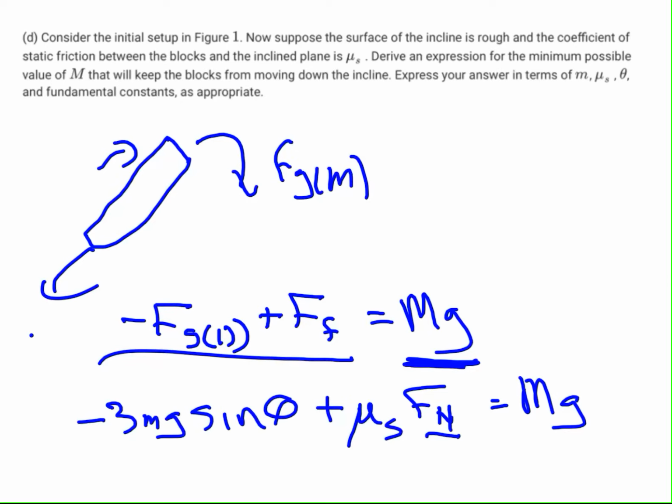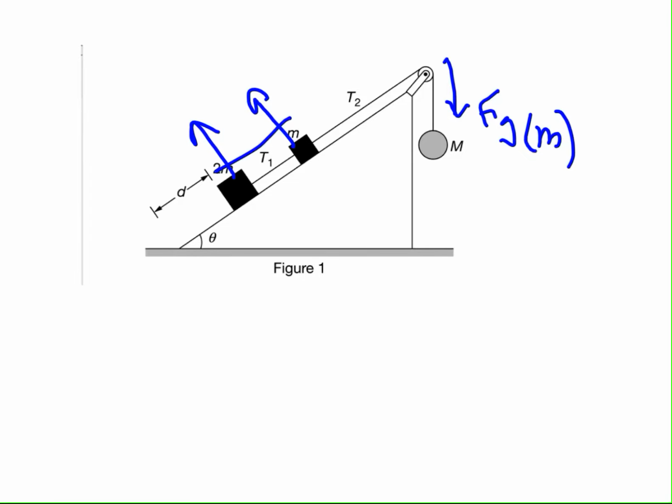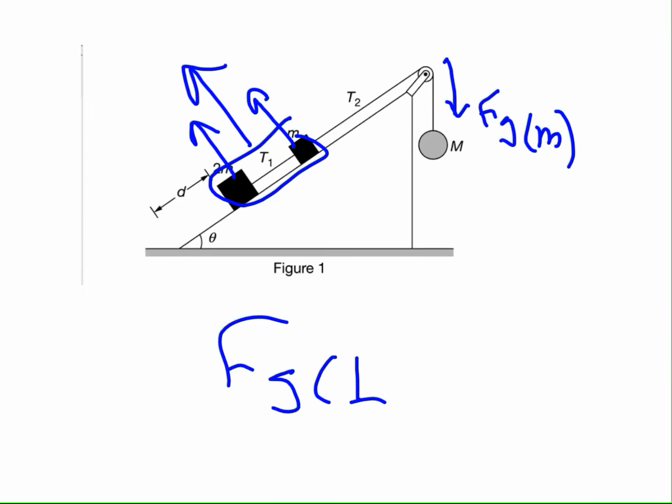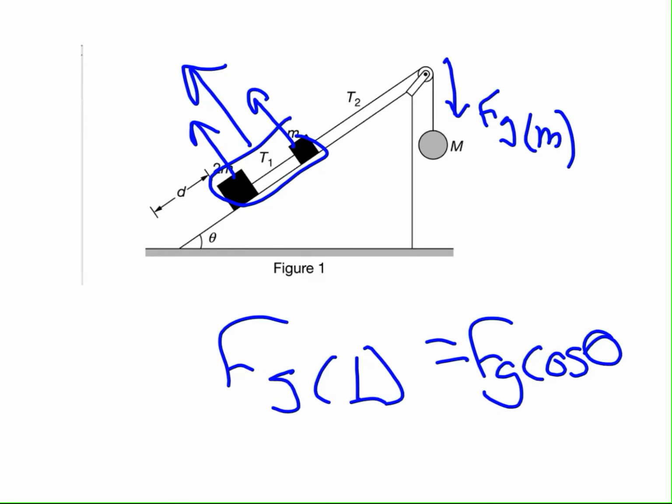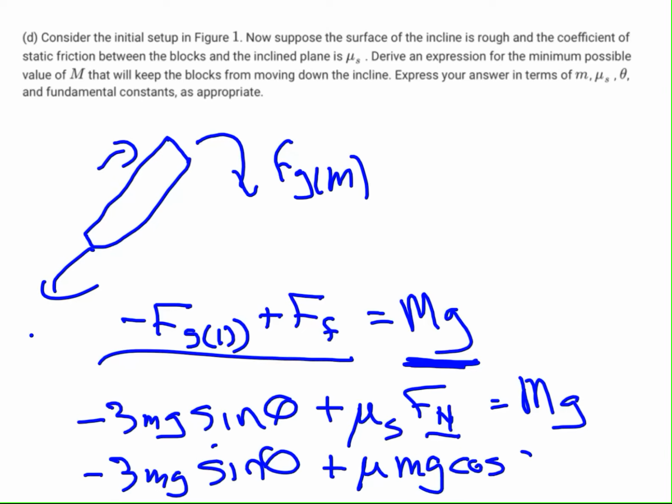But if you remember, anytime we have one of these incline questions, the normal force, this guy or this guy, or if we looked at this as one big combined mass of 3m, is just the force of gravity perpendicular, which is Fg cos theta. Okay, so now we come back here, and we're going to say minus 3mg sine theta plus mu mg cos theta equals big M G.